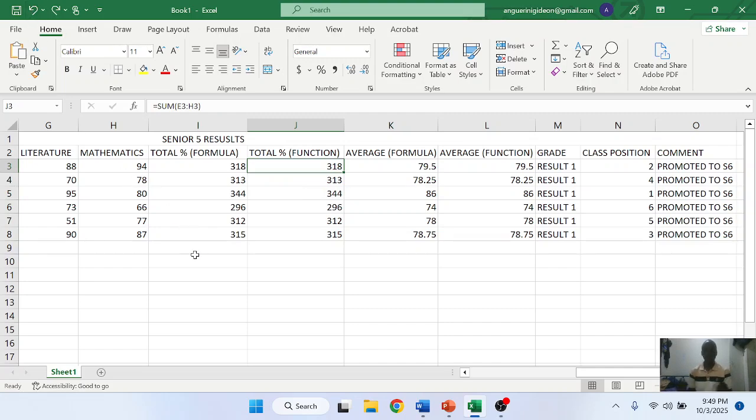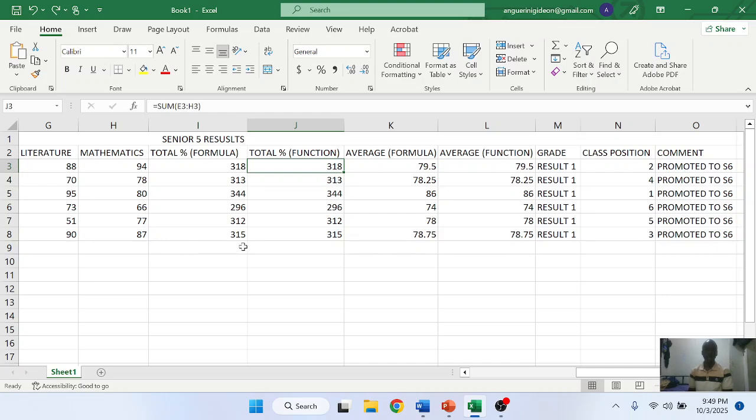So you also have #NUM!. It results from formulas with invalid numerical values. Maybe if you want to get a square root of negative 16, it obviously will not give you the figure because there is no square root for negative 16.